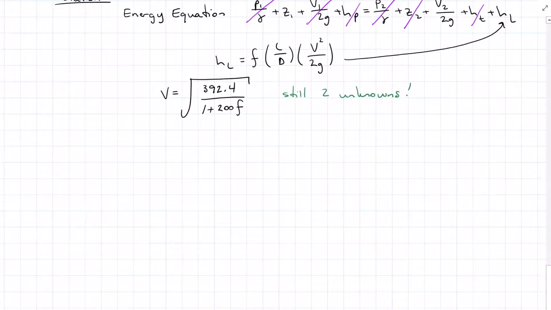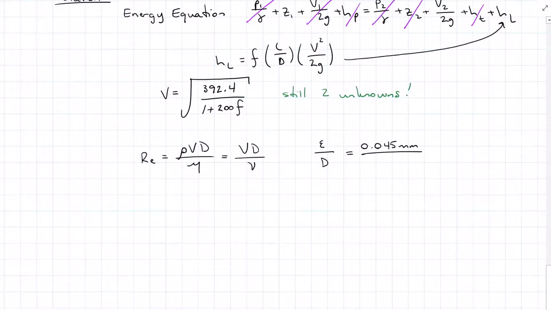To get a friction factor off the Moody diagram, I need a Reynolds number, rho VD over mu, or VD over nu, and I need the roughness factor e over D. Now this I actually have because I was told it was a steel pipe, so 0.045 millimeters over that diameter of 50 centimeters or 500 millimeters, but I don't have a velocity, so I don't have a Reynolds number, so I don't have a friction factor.